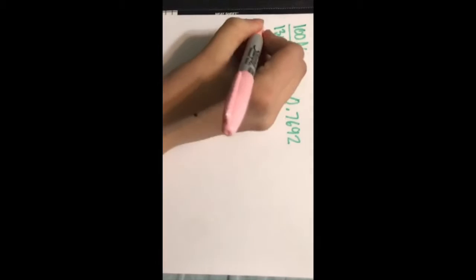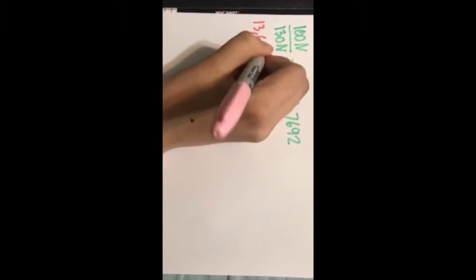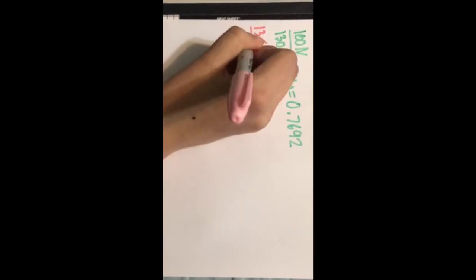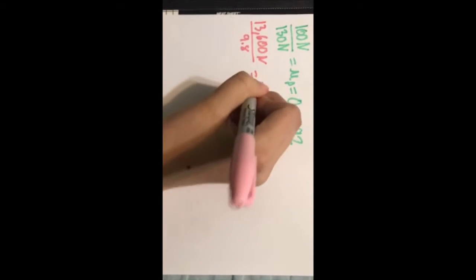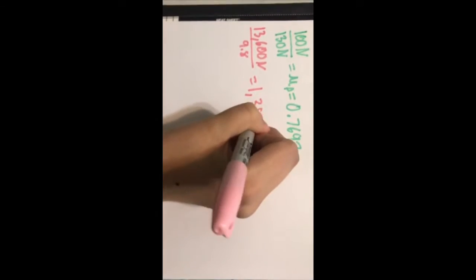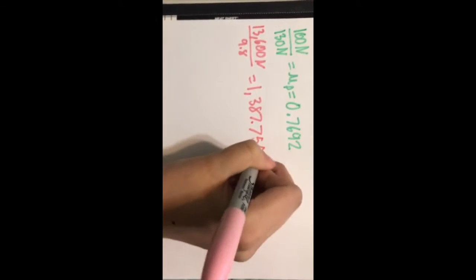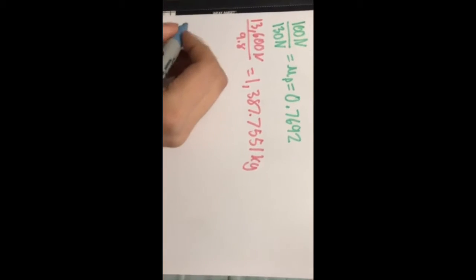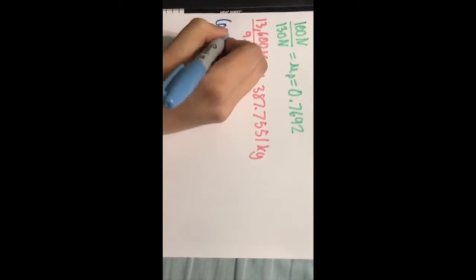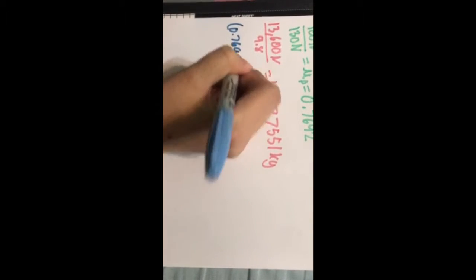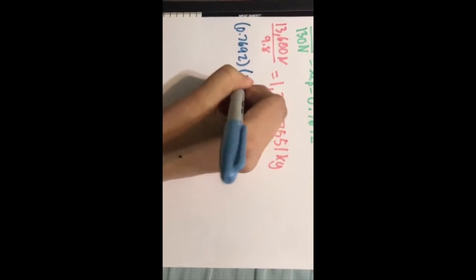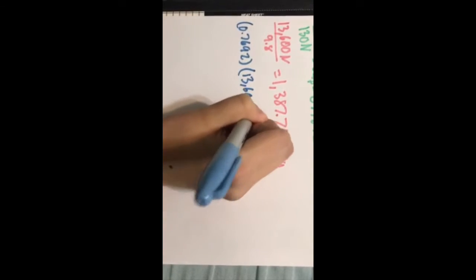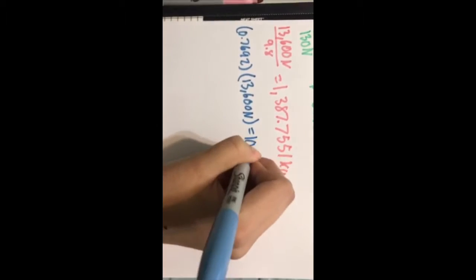To calculate the mass of the car, we divide the weight of 13,600 Newtons by 9.8, which would give us 1,387.7551 kilograms.